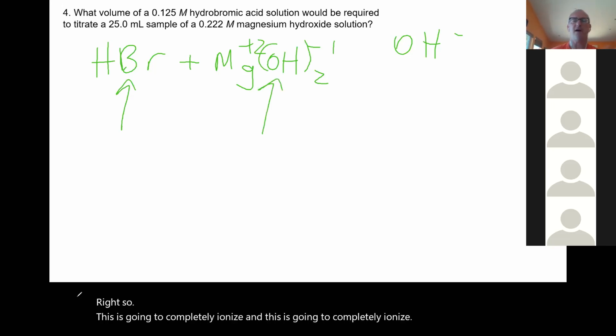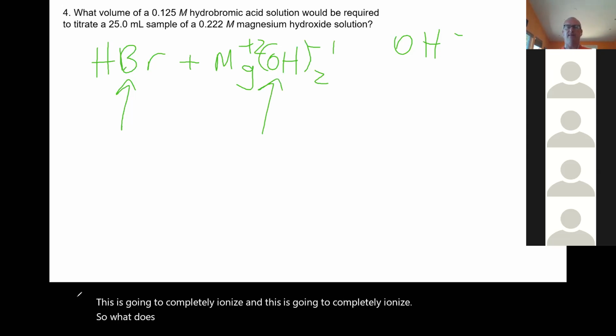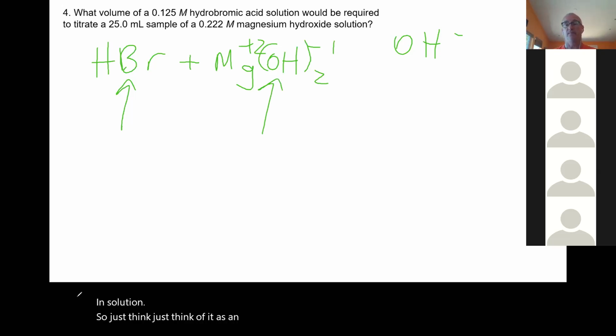So what does HBr going to give me in solution? So just think of it as an ionic compound. It's a strong acid, so I put it in, and what's it going to do?